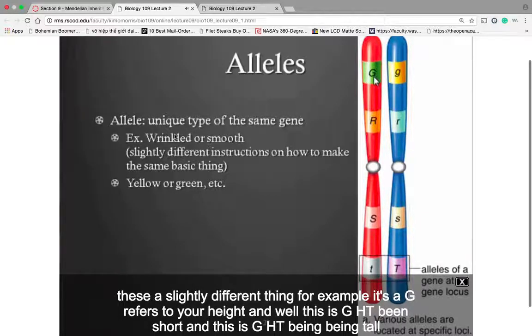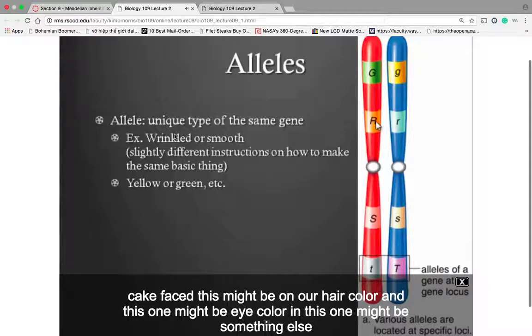For example, let's say G refers to your height. Well, this is G height being short, and this is G height being tall. Okay? This might be hair color, and this one might be eye color, and this one might be something else.